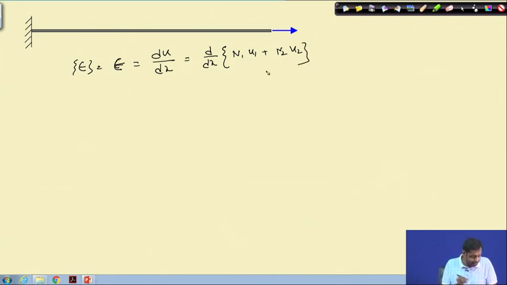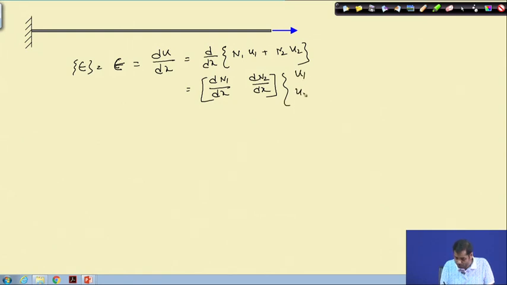So, can we write this as dN1/dx, dN2/dx, and then we have u1, u2 with a dot product in between? It is the same as this. So, this is equal to what? This is strain.